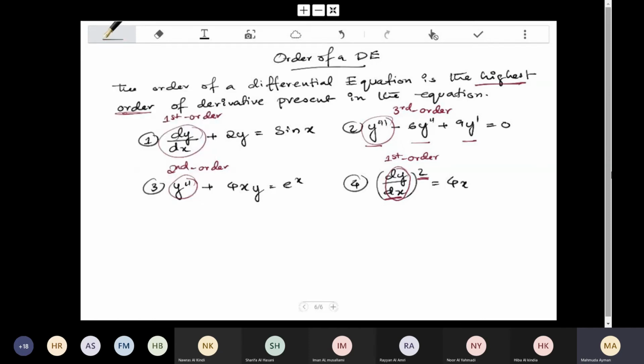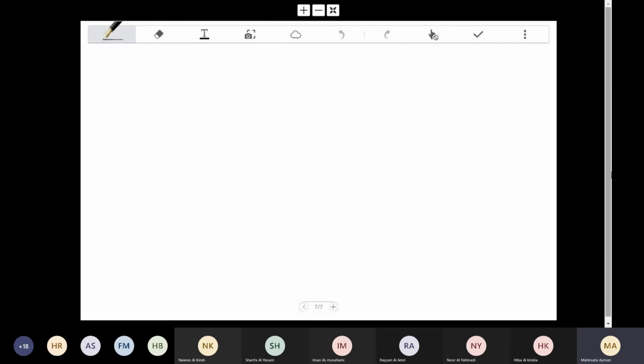Now let's talk about the solution of a differential equation.